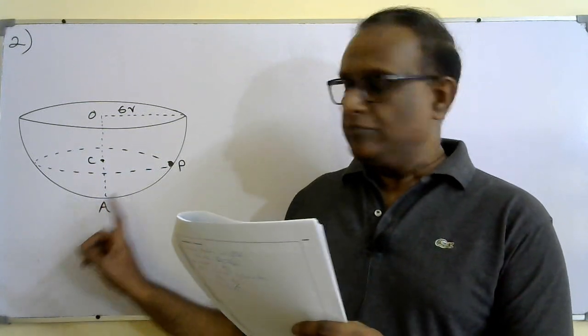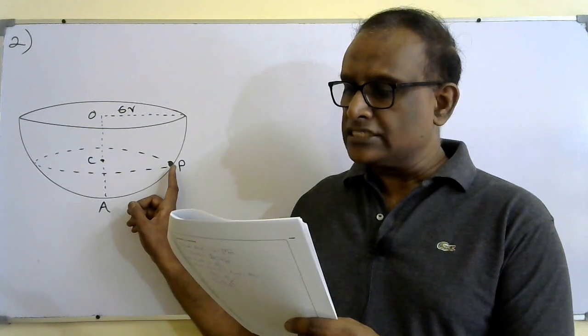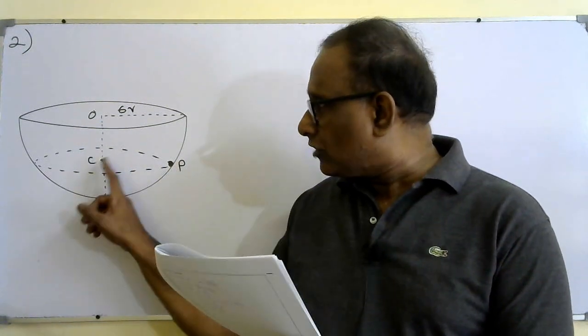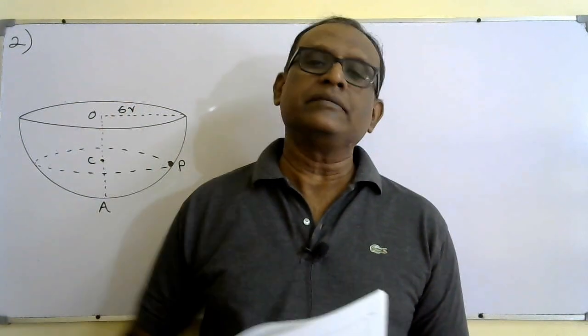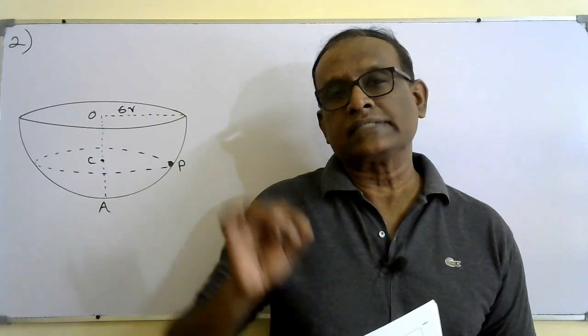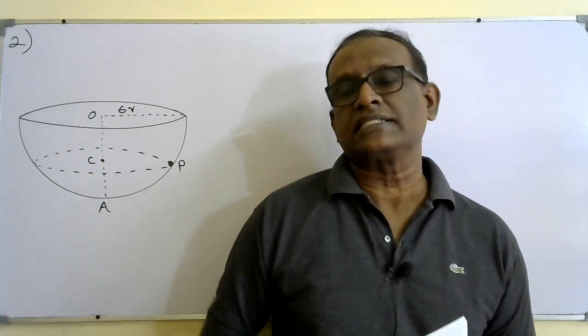A particle P moves in a horizontal circle with center C on the smooth inner surface of the bowl. As I always say in previous past paper discussions, in circular motion you must be able to identify the center of the circular path.